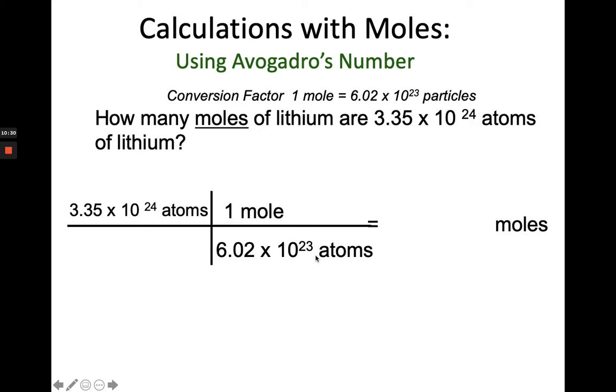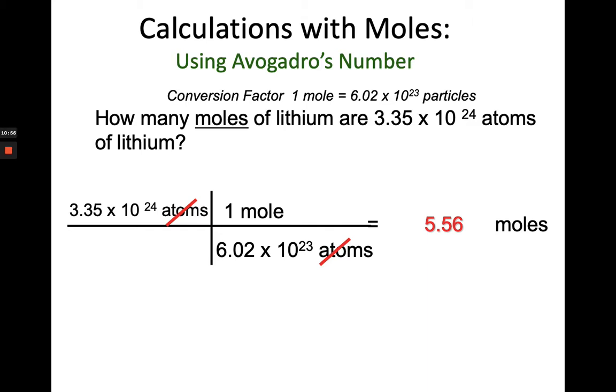Now this is where it's going to be really important that you put this in parentheses or you use the exponent button, okay? Because if you remember, this is making something big into something small. We're trying to group it like, 12 donuts is 1 dozen. So this many atoms is a small number of moles, not a large number of moles. So if you do this correctly in your calculator, you're going to get 5.56.